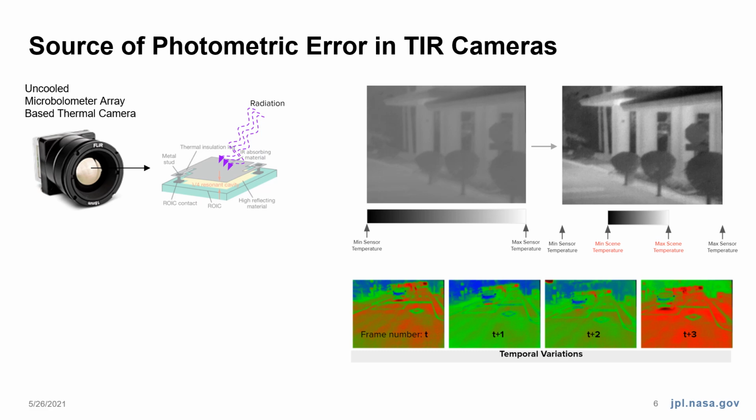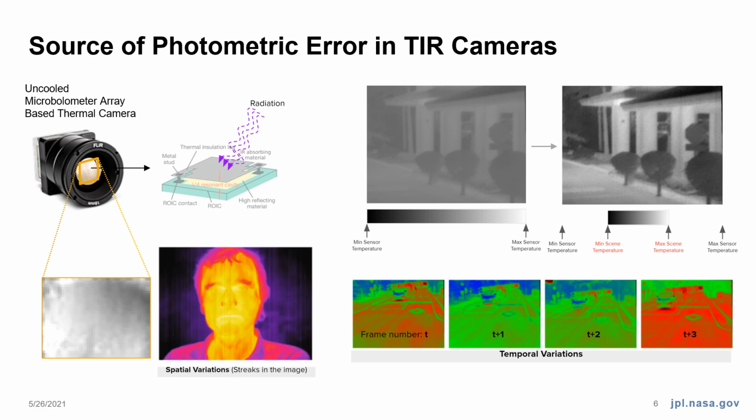Since these cameras are uncooled, the individual sensors get heated up non-uniformly and build up residual heat during their operation, which results in spatial variations. The characteristics of these variations are very different compared to RGB cameras.